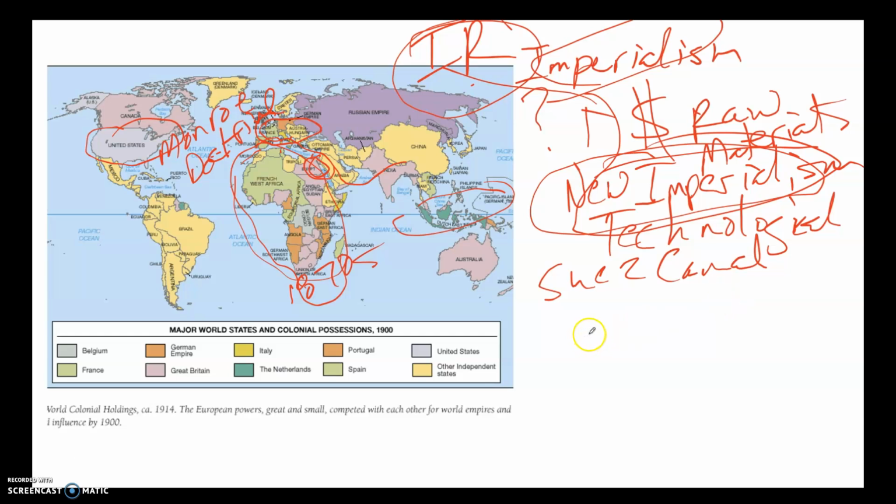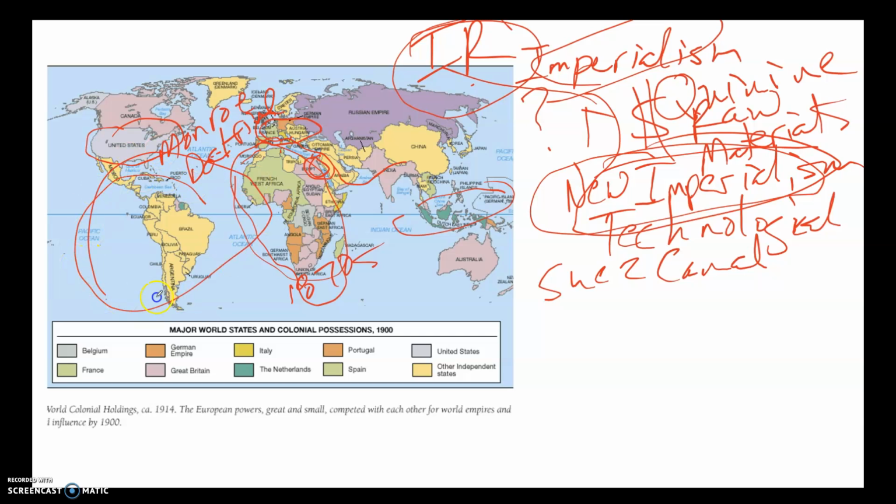All of these factors, again guns as well, even chemicals like pharmaceuticals like quinine, are going to make Europeans less susceptible to diseases like malaria in Africa and Latin America. So all of these reasons help contribute to Europe taking over a lot of Africa, Southeast Asia again, and Asia.